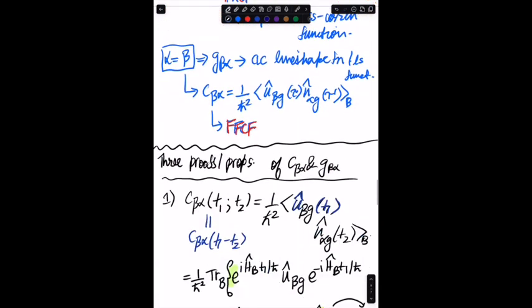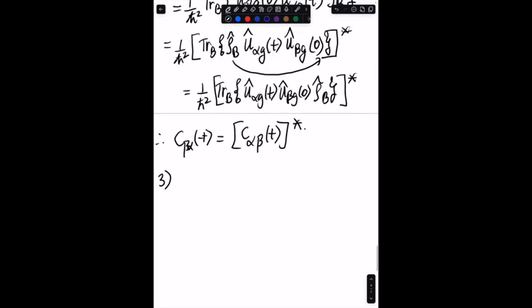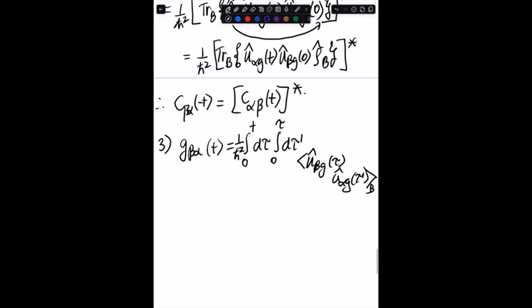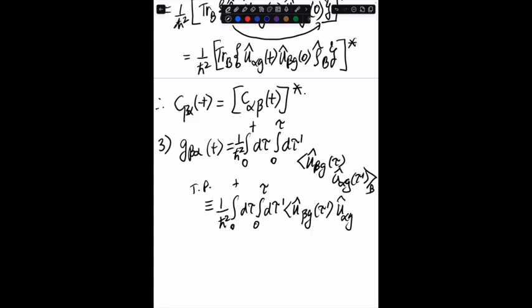We will work on this proof now, which is to prove that your g beta alpha t, which is the integral from 0 to t, d tau, 0 to tau, d tau prime, 1 upon h bar square, u hat beta g tau, u hat alpha g tau prime, Bath ensemble average, is equivalent to 1 upon h bar square, integral 0 to t, d tau, 0 to tau, d tau prime, u hat beta g tau prime, u hat alpha g 0.